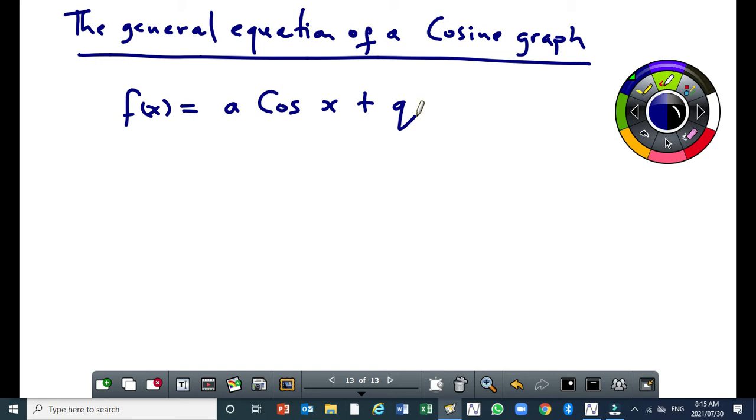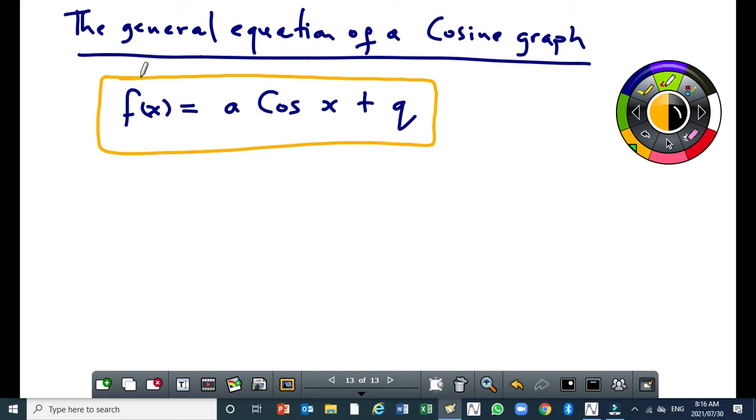It's the same thing. Right, so this is the general equation which you are expected to remember. Okay, that's the general equation.